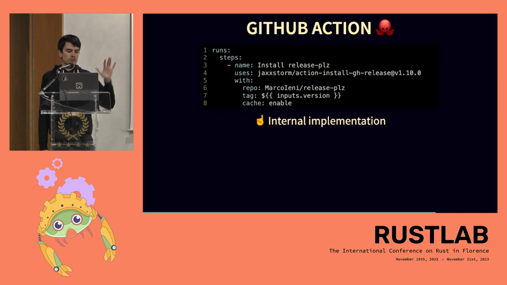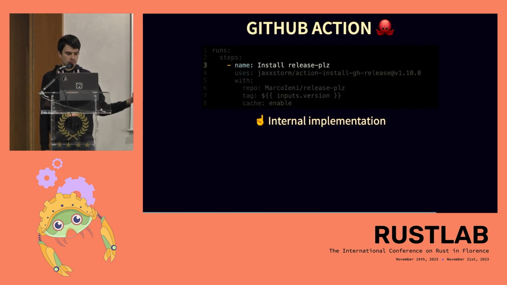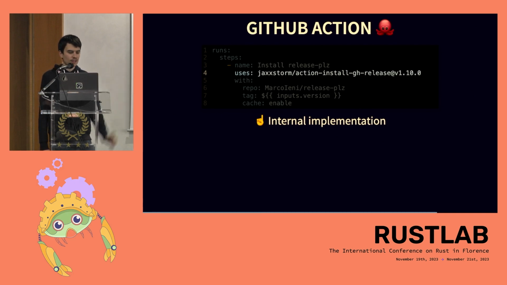So this is how the Release-plz GitHub action is implemented internally. You don't have to write this code. This is in the Release-plz action repository. So how do I download the binary from the Release-plz repository? I use this GitHub action called install-github-release.